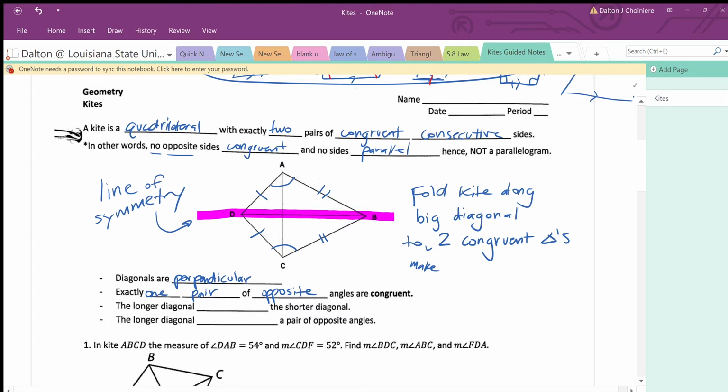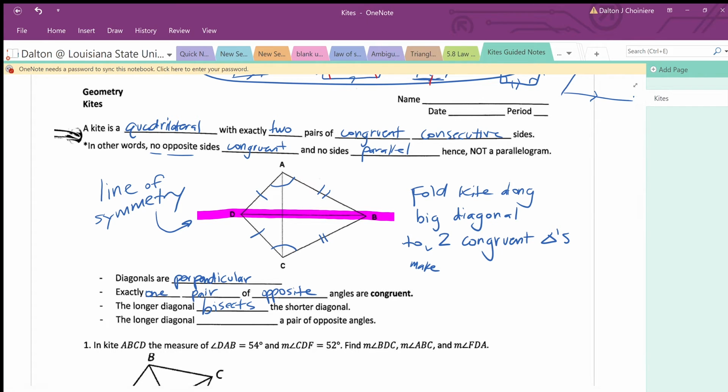Let me fill out this next feature of a kite. It says the longer diagonal bisects the shorter diagonal. You all know that the word bisect means cut in half.